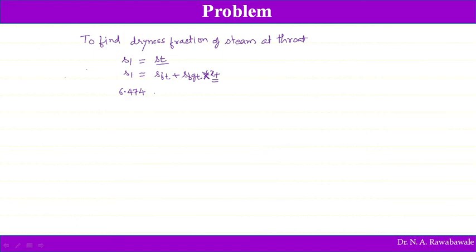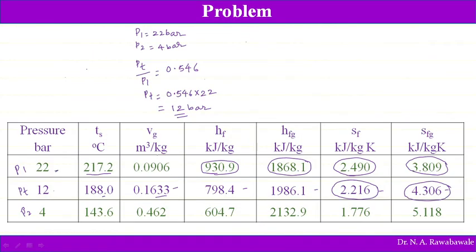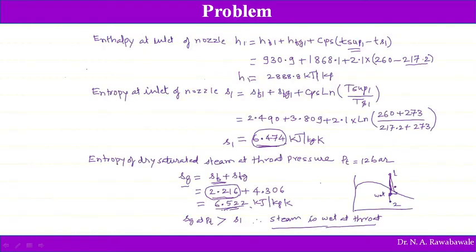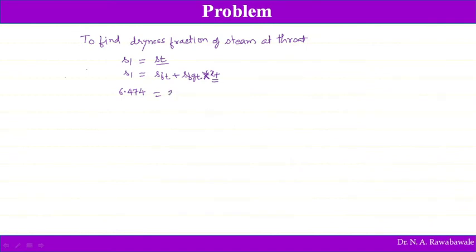there, equal to Sft. So at throat pressure entropy is 2.216, plus xt as it is into Sfgt.